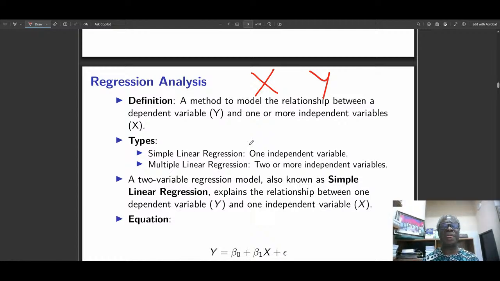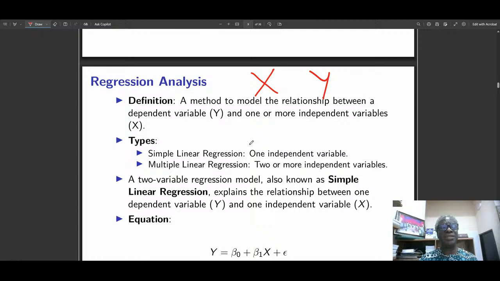The x is usually the variable that is considered to be explaining y.